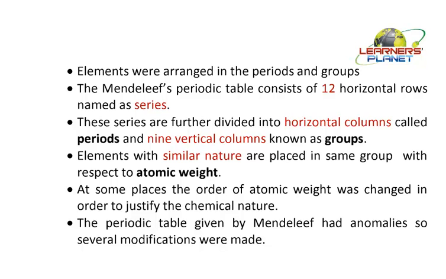And students, do you know that in Mendeleev's original periodic table, there was no place for transition elements, lanthanoids and actinoids, as well as the zero group elements, as they were not discovered at that time. They were discovered later. So several modifications were done.